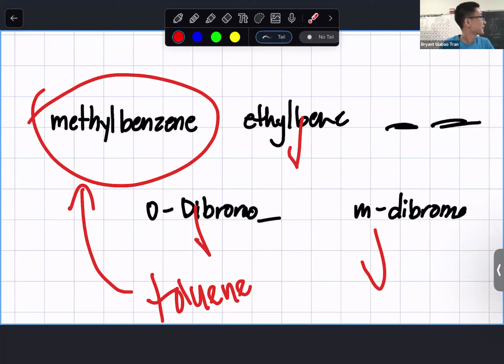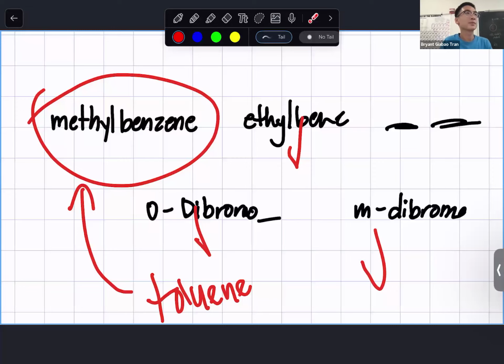They said ortho. Oh yeah, that's wrong, because ortho, meta, and para need only 2 substituents. If it's 1, 3 or 4 or 5, then you can't do ortho, meta, or para.